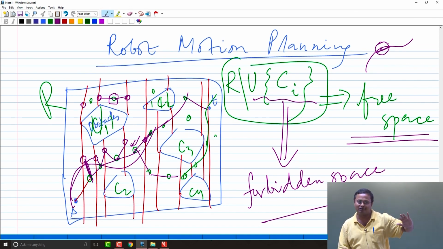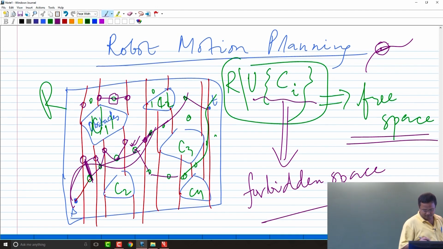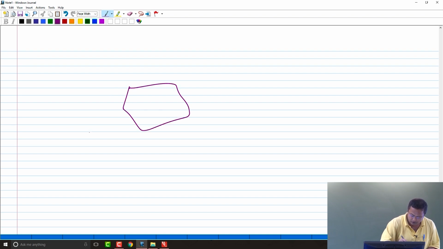One can show that this shortest path has to go through the vertices of these polygonal obstacles, because again one can give a formal proof. Say you are bypassing this.